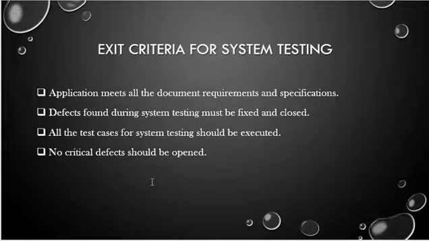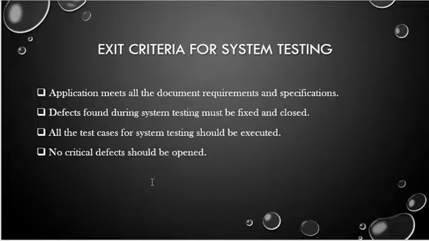Okay. Then all the test cases for system testing should be executed. I can miss even one or two test cases in functional testing and in integration testing, but in case of system testing, I want my complete test cases to be executed. Okay? No critical defects should be open. That means while coming out of system testing, I want all my critical bugs to be fixed.